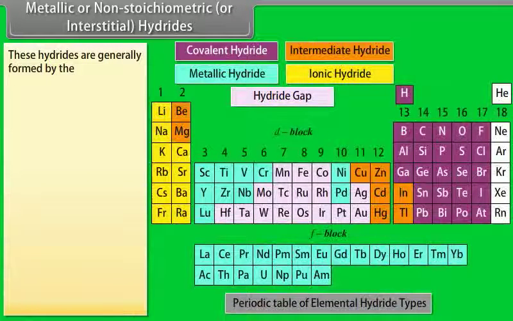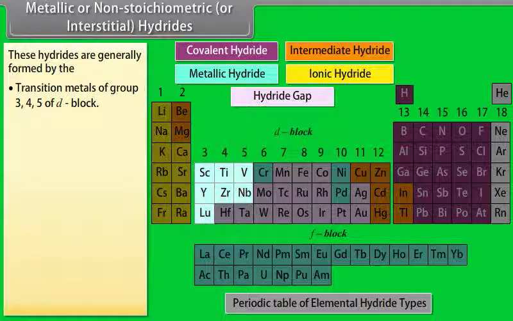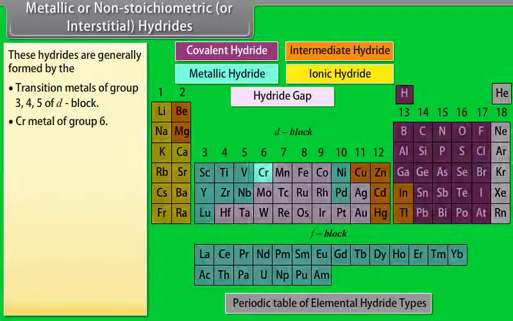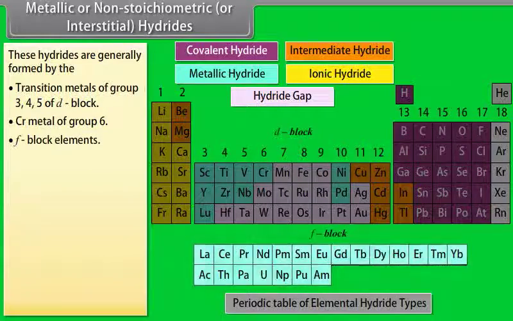Metallic or non-stoichiometric or interstitial hydrides. These hydrides are generally formed by the transition metals of group 3, 4, 5 of d-block, Cr metal of group 6, and f-block metals.